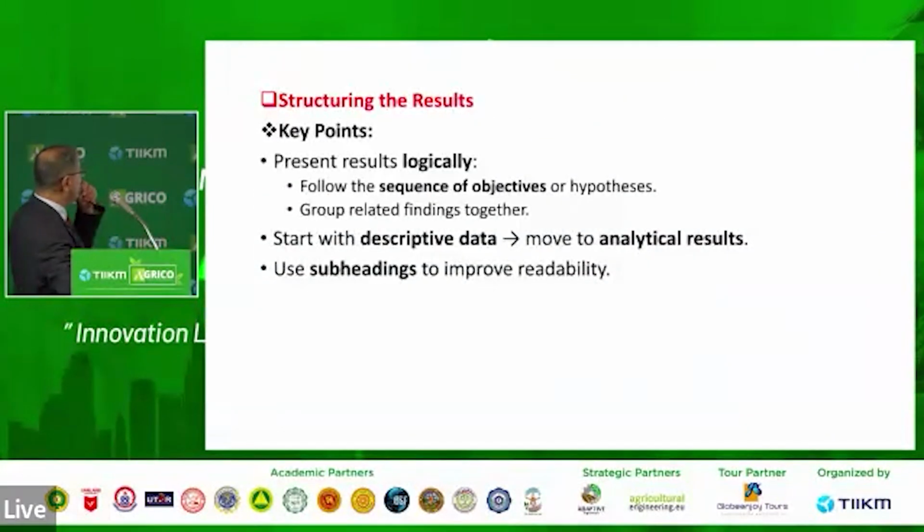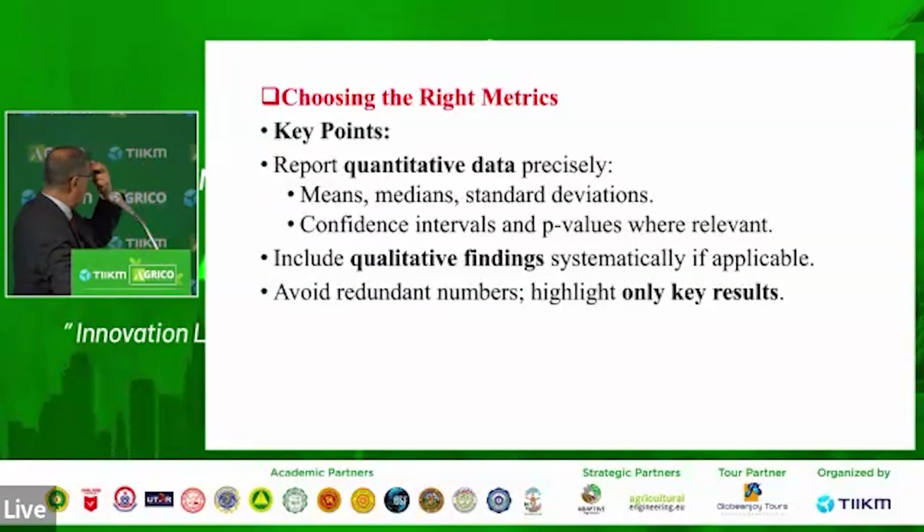And at the same time, it should be presented logically with a sequence of objectives, with descriptive data, with subheadings. The subheadings should be very clear, because when I go to the discussion, sometimes you see people discussing one aspect before the other aspect, and you lose track in the article while you are doing the evaluation.